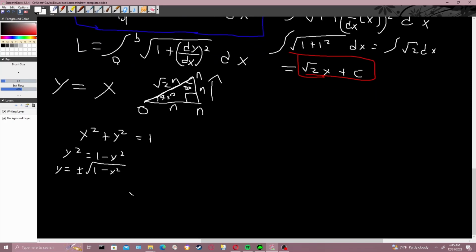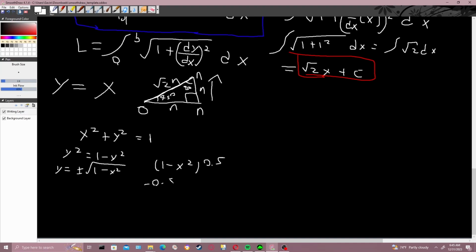Now we need to know, what is the derivative of the square root of 1 minus x squared? Well, we can write it as 1 minus x squared to the 0.5. Wow.